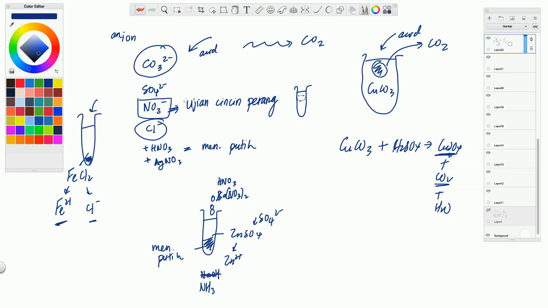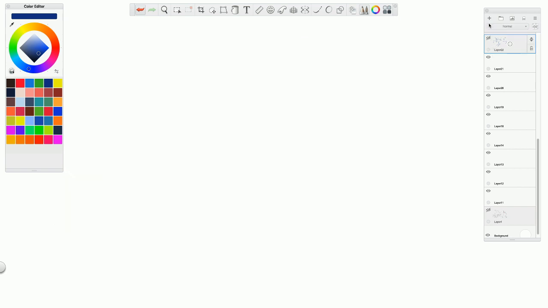So, apa yang kamu tambah untuk ujian nitrat? Tambah asid sulfurik cair, ferrum 2 sulfat, kemudian asid sulfurik pekat. Apabila kamu tambah, nampak cincin perang, itu ialah nitrat. So, soalan tak akan tanya, buktikan nitrat, buktikan sulfat. Dia akan berikan kamu satu larutan, ada cation, ada anion, dia suruh kamu buktikan kehadiran anion dan cation ini. Okey? Soalan berikutnya.